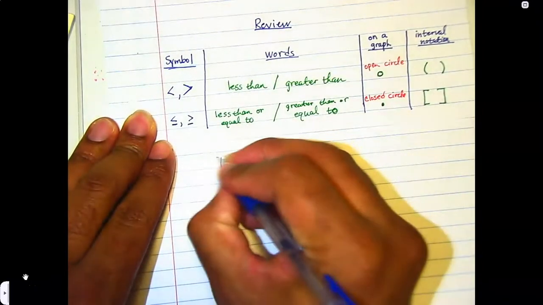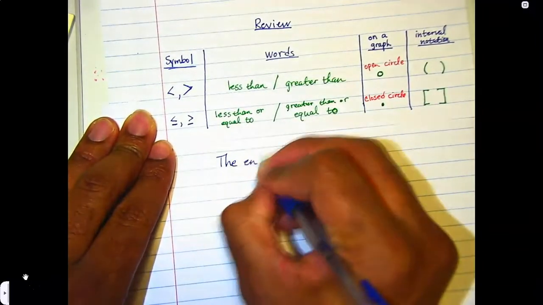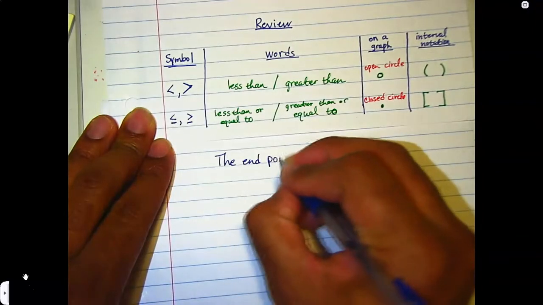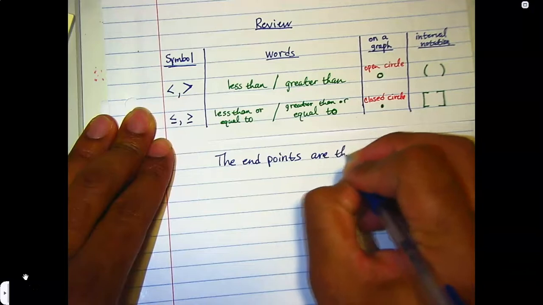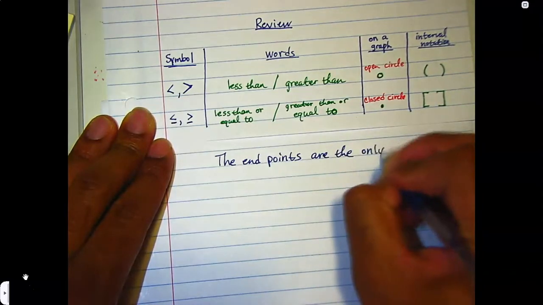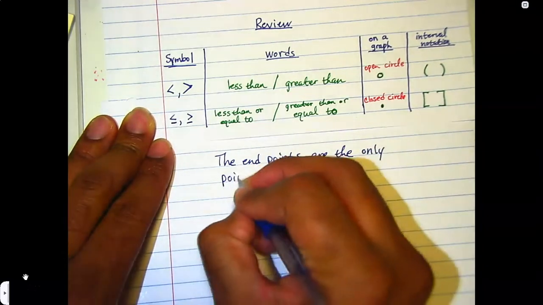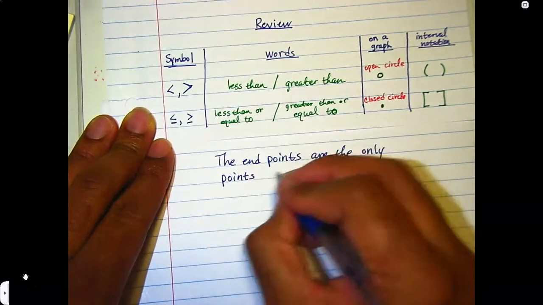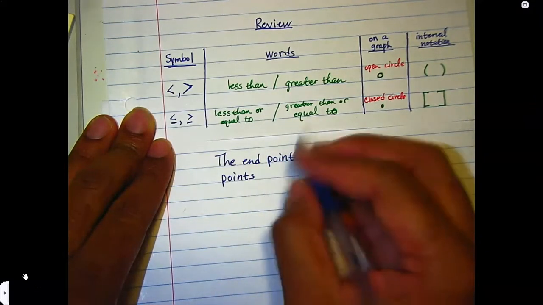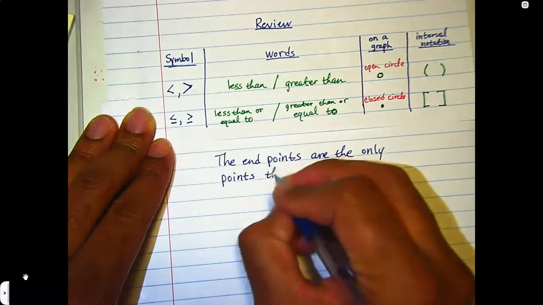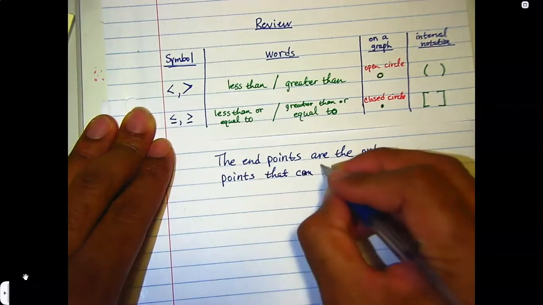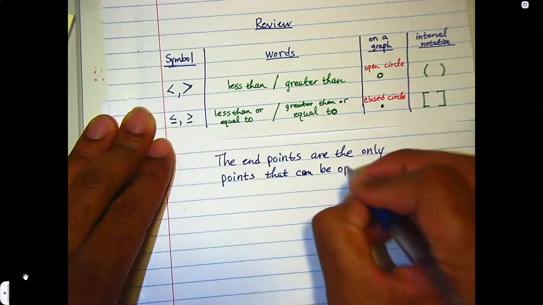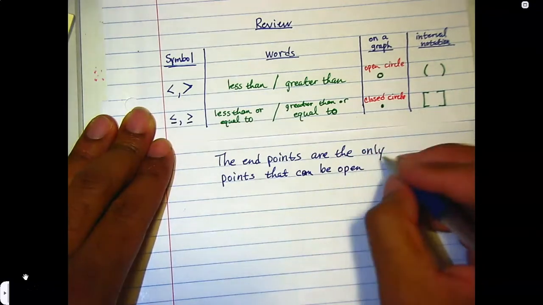And endpoints are the only points that can be open or closed points. Or circle, sorry.